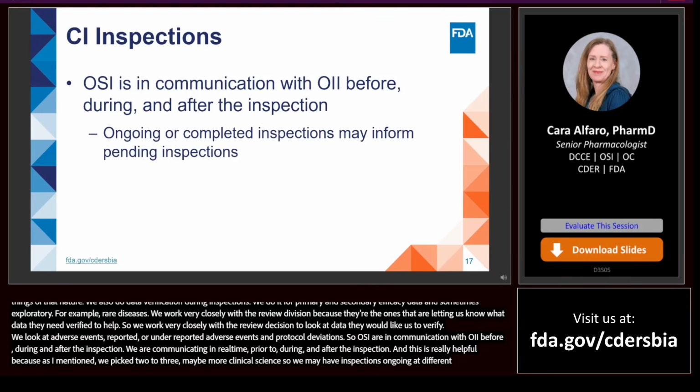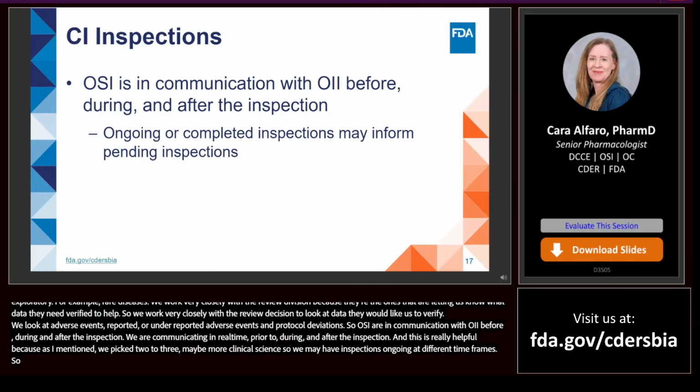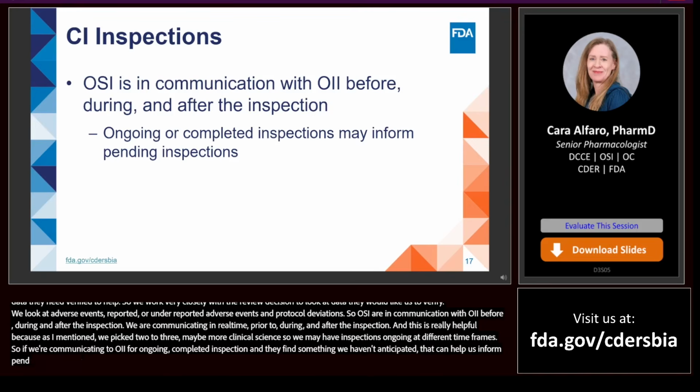So if we're communicating with OII for an ongoing or completed inspection and they're finding something that perhaps we hadn't anticipated, then that may help us to inform pending inspections and add that to the assignment. Oh, please look at this because at this particular site, this was found. So that really is very helpful and very efficient for our inspection process to get that feedback in real time.